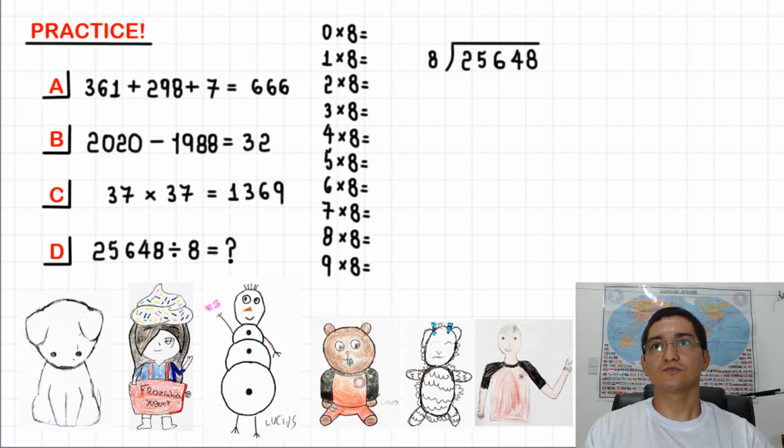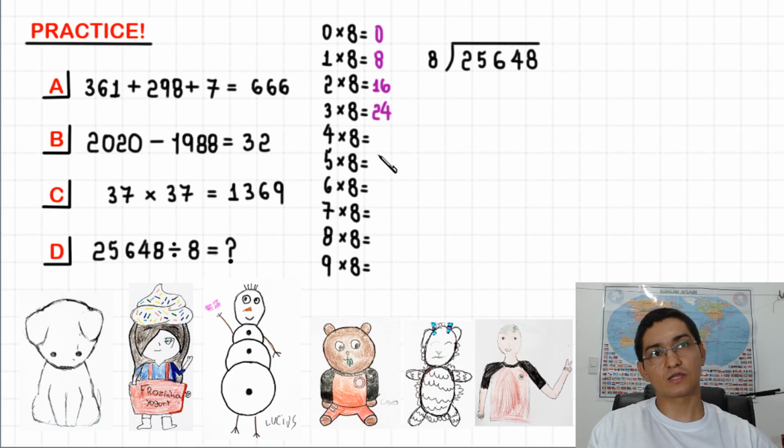Before we continue, let's write down the results from the multiplication table of 8. 0 times 8, 0. 1 times 8, just 8. 2 times 8, 16. You should know these by heart, right? 3 times 8, 24.